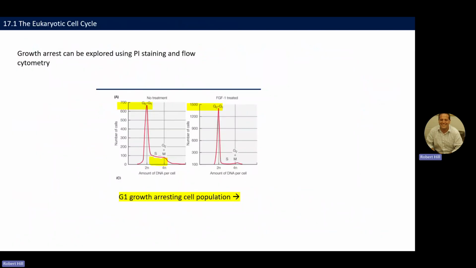G0 is designated the quiescent stage, and sometimes it's permanent, sometimes it's temporary, but it's possible that cells have entered that phase. In flow cytometry, PI staining cannot detect a difference between G0 and G1, just like it can't detect a difference between G2 and M. But in this one, even this sample has been a little growth arrested. It's got a very poor G2M peak, but here the cells have completely switched over to G0, G1.